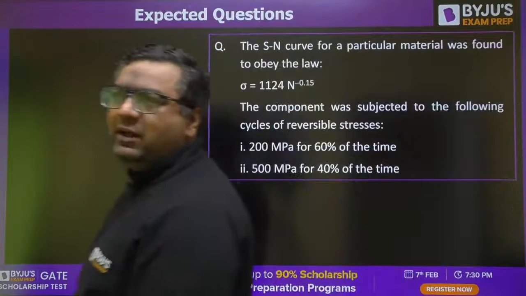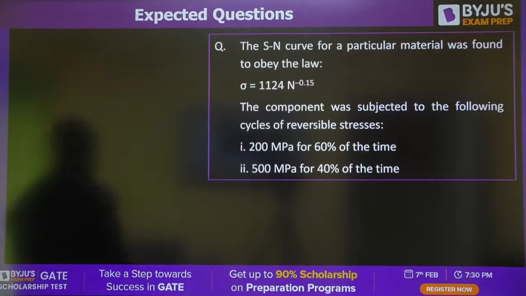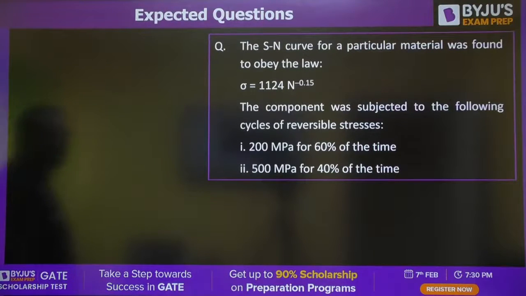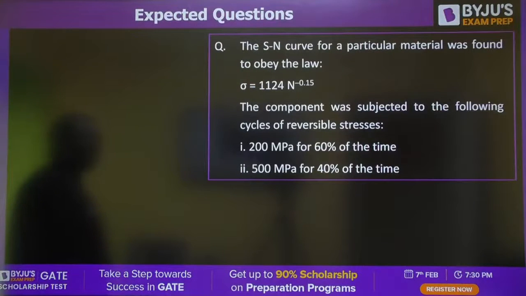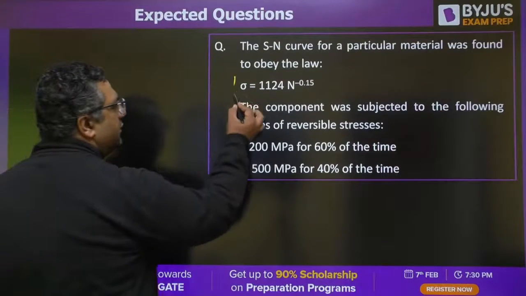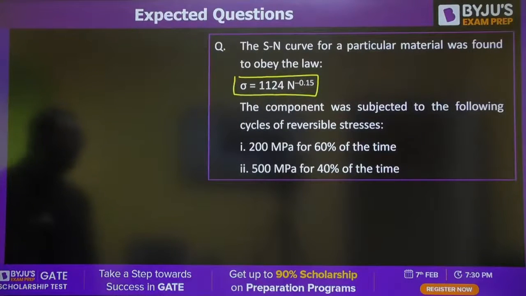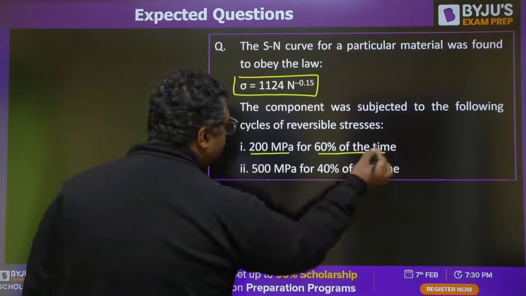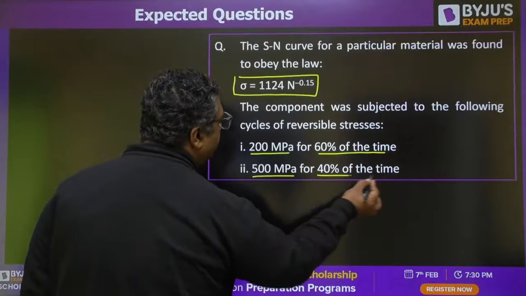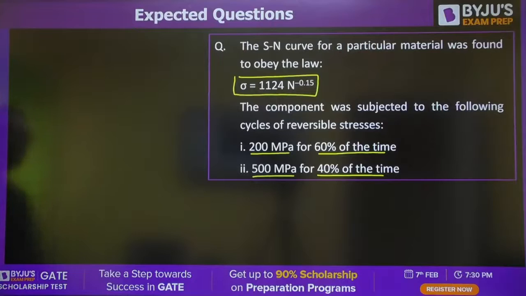This is a wonderful question. Okay, Utkarsh. This is the next question, guys. The SN curve for a particular material was found to obey this. The component was subjected to the following cycles: 200 MPa 60% of the time, 500 MPa 40% of the time.